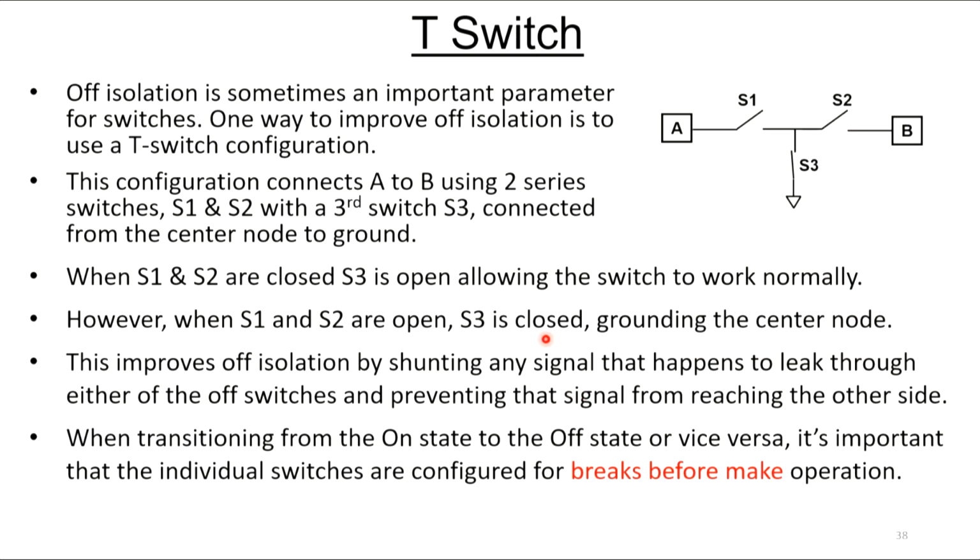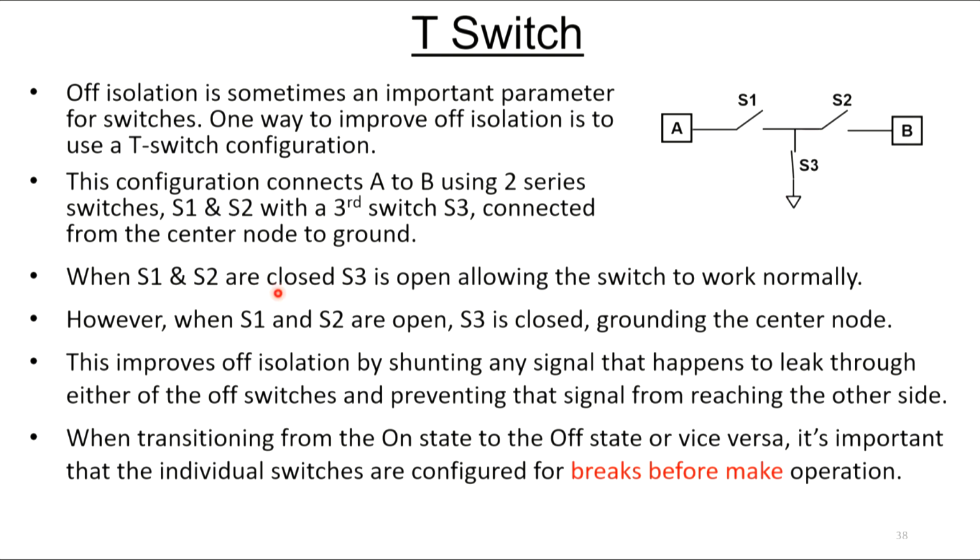Off isolation is sometimes an important parameter for switches. So one way to improve off isolation is to use a T-switch configuration, and I show that configuration right here. And the configuration uses two series switches, S1 and S2, to connect point A to point B. Then we have a third switch that connects the center node to ground.